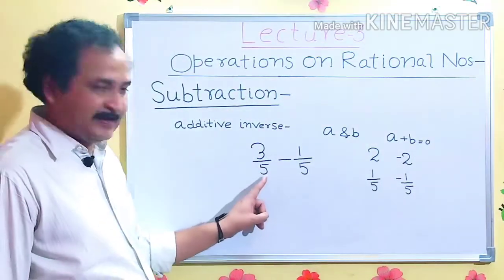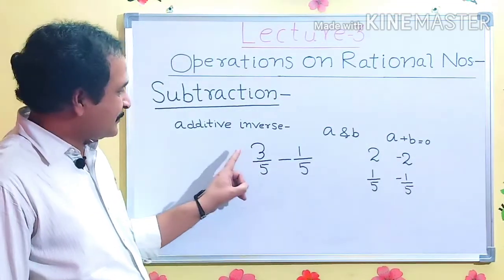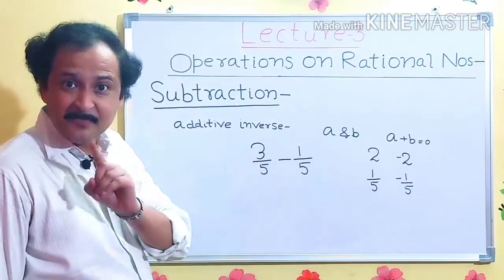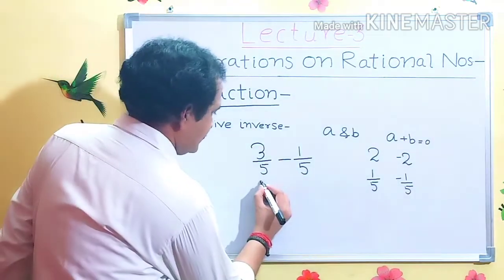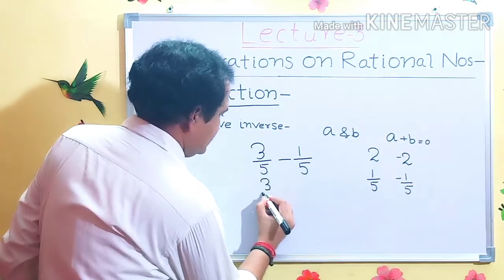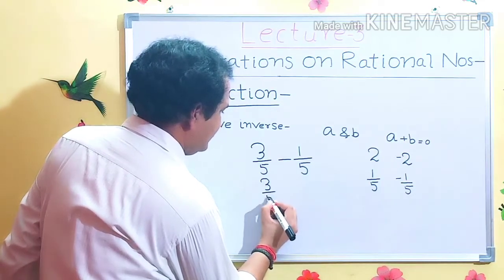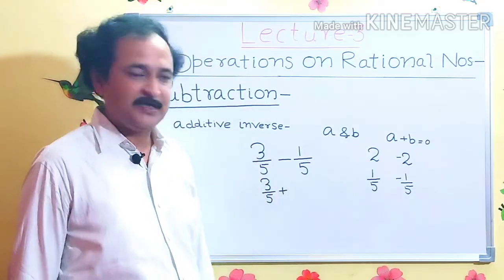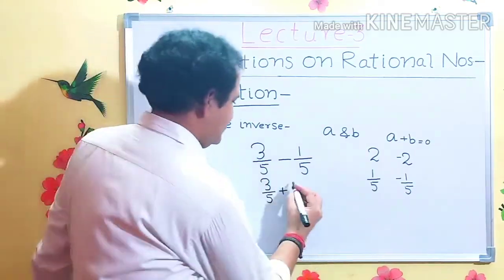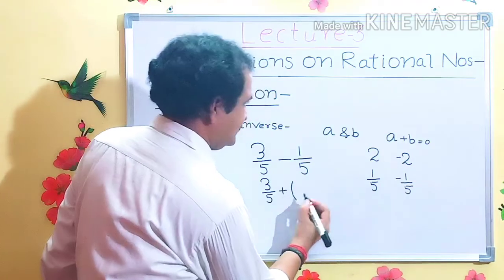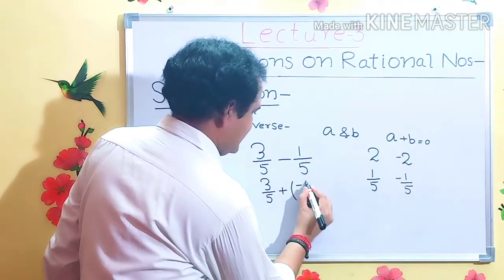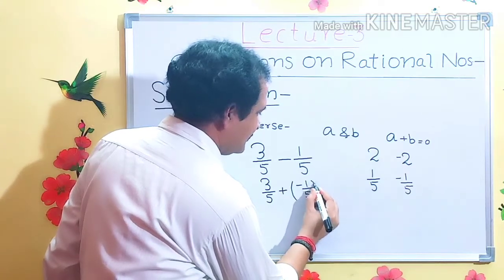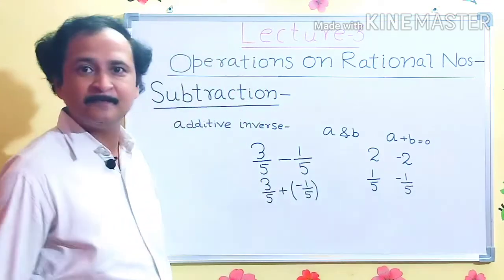So this means subtraction of 1 by 5 from 3 by 5 can be written as 3 by 5 plus additive inverse of 1 upon 5.